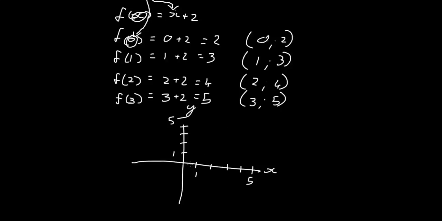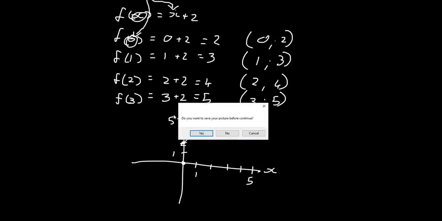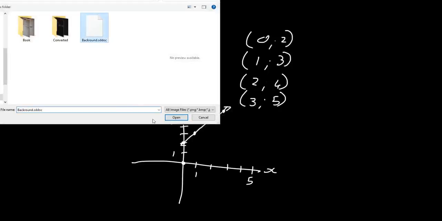X is 0, y is 2, so 0 and 2. 1 and 3. 2 and 4, so x is 2, y is 4. And 3 and 5, x is 3, y is 5. And then we can just draw a line between them. And there you go, you've sketched your graph, or sketched your function. Okay, let me open a new one for us. Nice blank page.